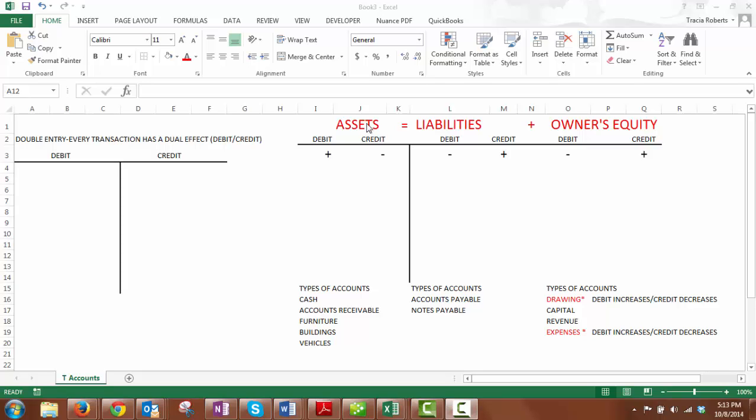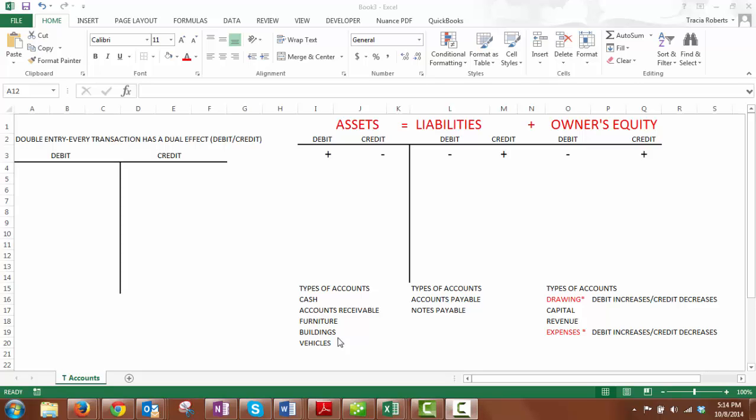Some types of accounts that you may find under your assets would be cash, accounts receivable, furniture, building, vehicles. When you think about assets, an asset is something you own that has a value to it. So when you take that and use it for your personal life, consider maybe you own a vehicle. If you own a car, it is an asset to you.